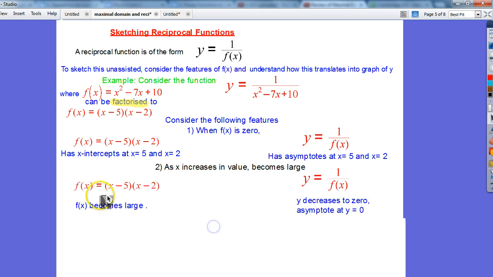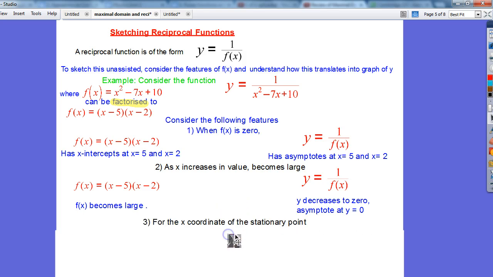So for increasing x, for this function, it has a turning point and then y values increase rapidly, so f of x becomes larger. But for the reciprocal function, y decreases to 0. As f of x gets larger, y decreases to 0. So that is in fact asymptotic at y equals 0. Alright, so far what have we achieved? We've identified 2 asymptotes here and 1 asymptote there, simply by considering what happens to f of x.